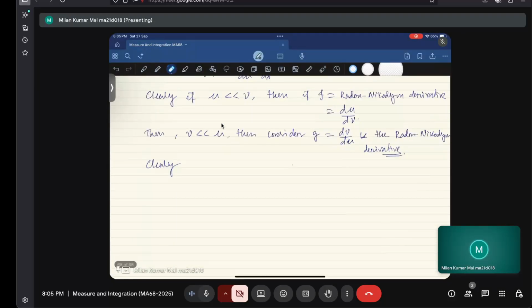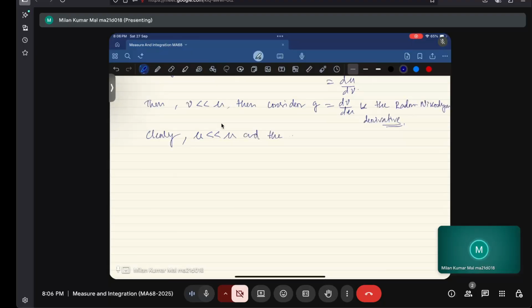Clearly mu is absolutely continuous with respect to the measure mu, and the Radon-Nikodym derivative is 1.